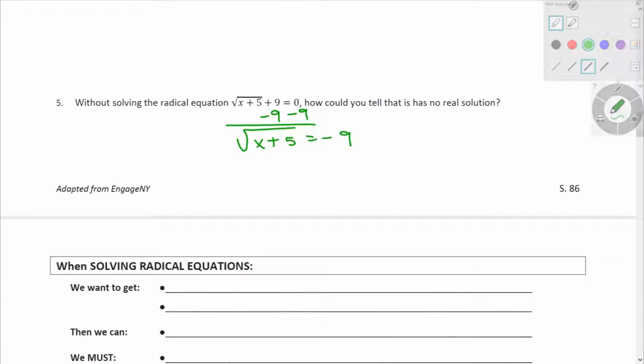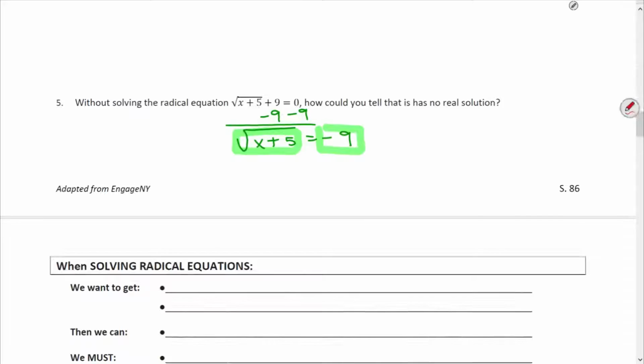Now, notice that I have a square root equals a negative. We know that I can take the square root of a negative number and get complex solutions. But if you have the square root of x, that will never be equal to a negative number.